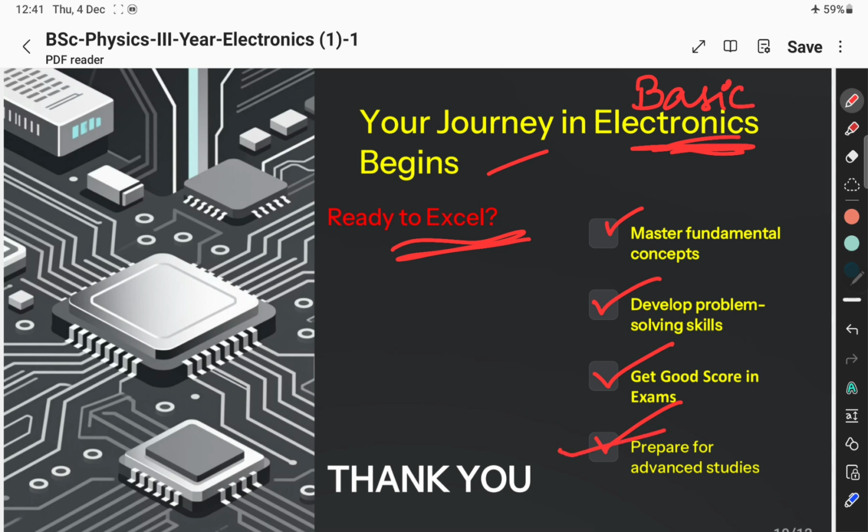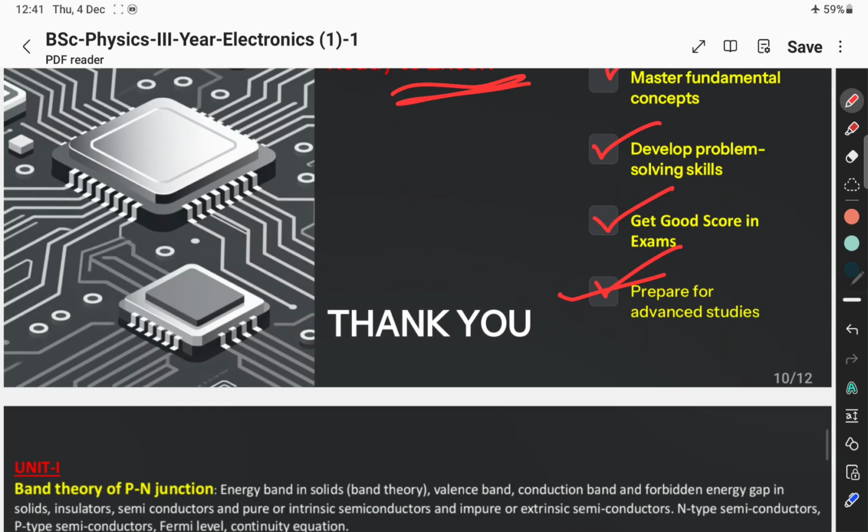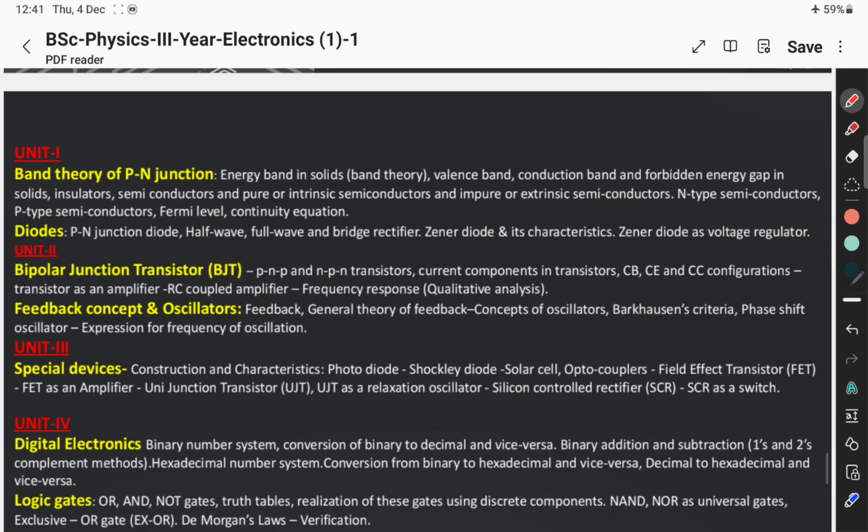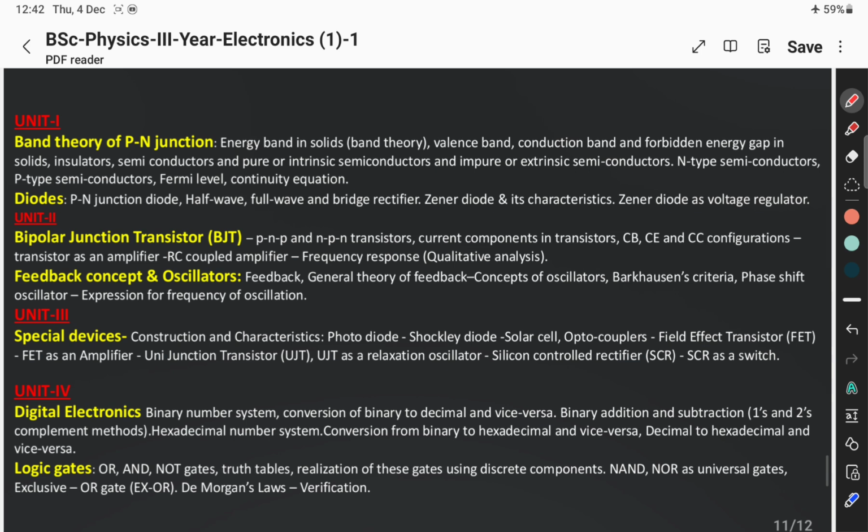If you're going to take MSc electronics or MSc physics, it will stand as a basic. Electronics is a very important paper. So this is the total overview of the syllabus. You can take the screenshot.